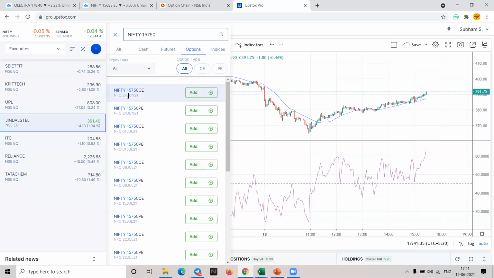So what is the expiry here? 24 June. You can choose the current expiry in this. No issues with that.